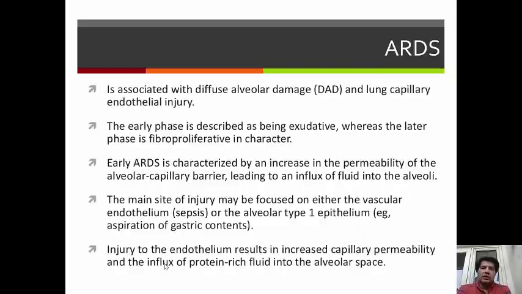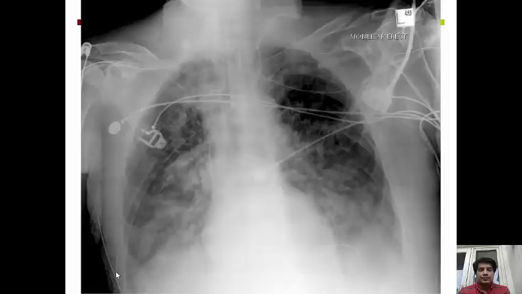In ARDS pulmonary edema, as I said, initially the pulmonary capillaries become highly permeable, which leads to an influx of fluid into the alveoli, and later on diffuse alveolar damage. Here the fluid will be protein-rich, as compared to hydrostatic cardiogenic pulmonary edema, where it is protein-poor. Looking at the diagram again, here you again have perihilar infiltrates, diffuse, and increasing.